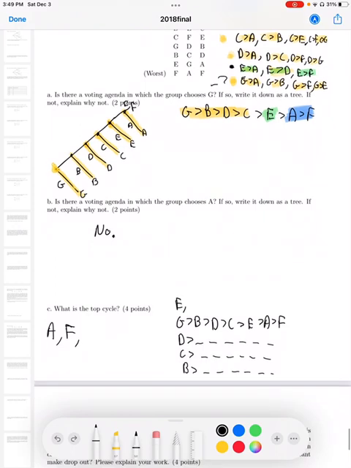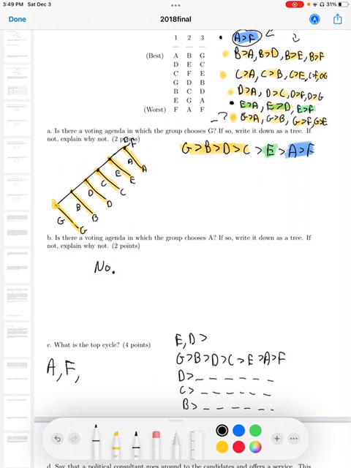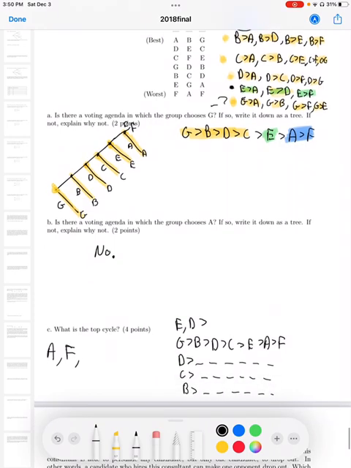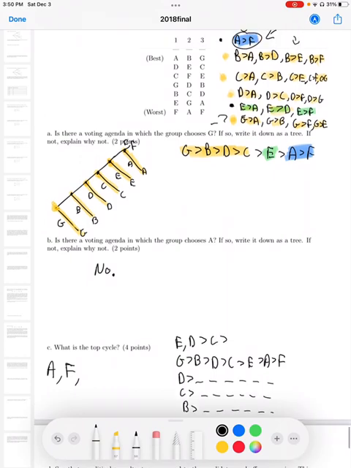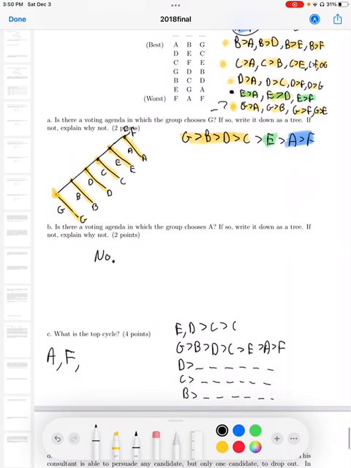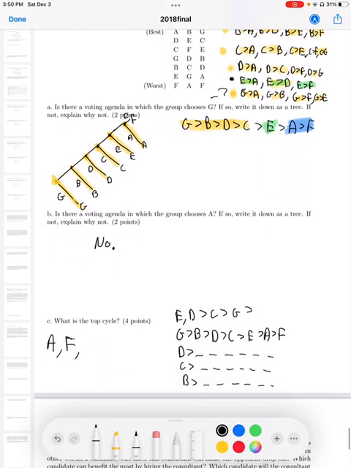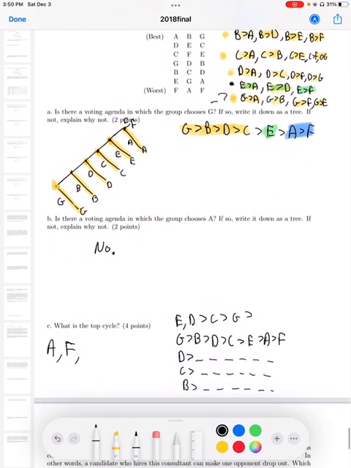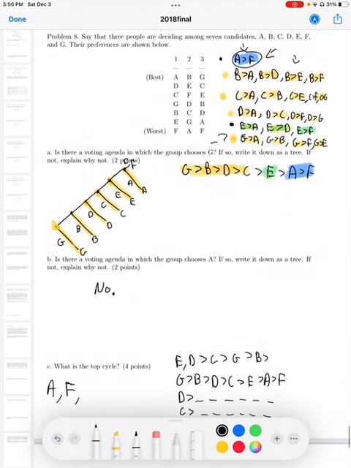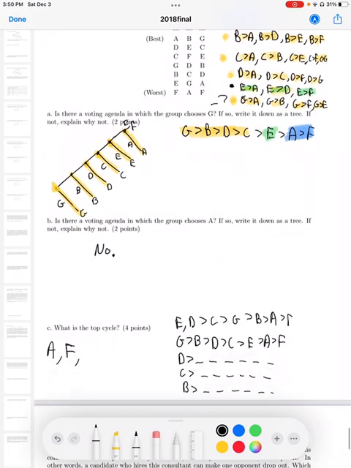So the only option is D. So E is bigger than D, which is greater than C. And C is greater than, let's do G. And G is greater than B. And the last ones, obviously, A and F. So there is a game also for E. There's a game for E, D, C, G, and B. However, A and F are out.